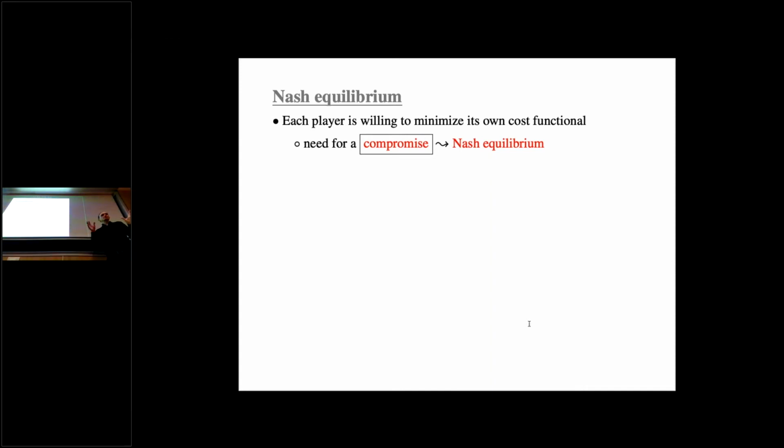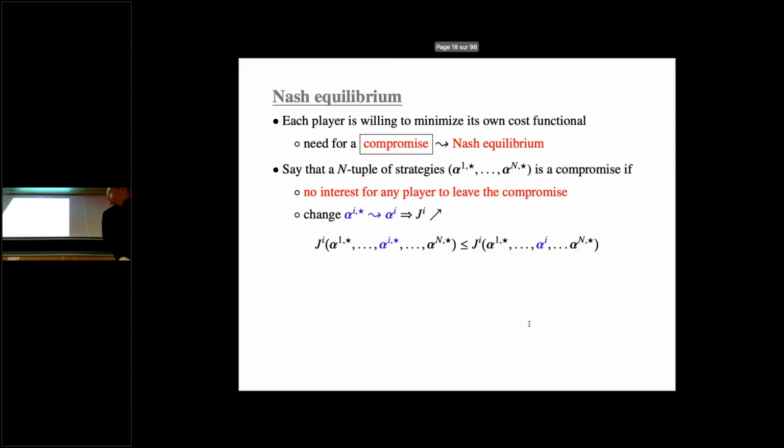Everybody is trying to minimize their own cost in a completely selfish way. I want to minimize my cost. I don't care about the others. If they pay more, this is their problem, not mine. So an equilibrium, once again, is a compromise. And the notion of compromise is due to Nash, and this is the one that we are going to use.